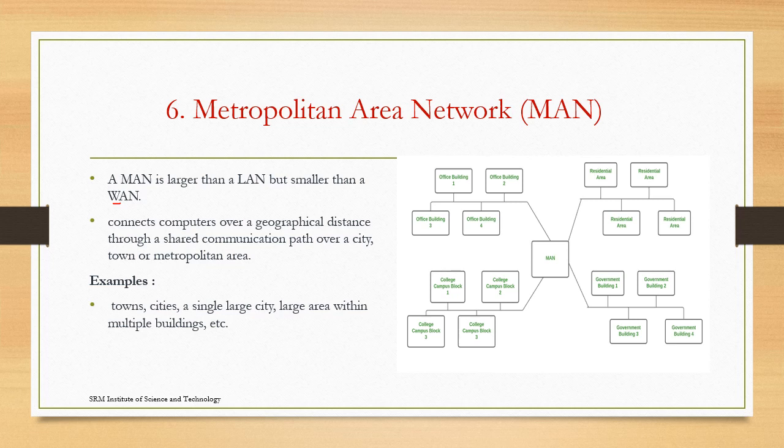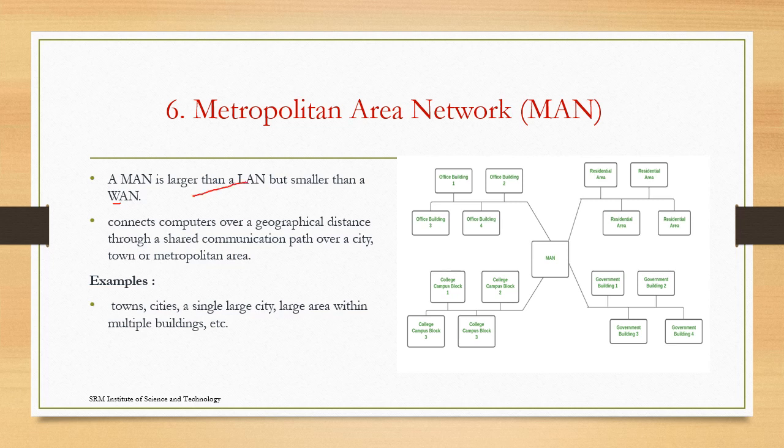In a wide area network, it is unlimited. As I said, from some other country also someone can communicate. For example, software development groups working in the same company from different countries. So that is wide area network.